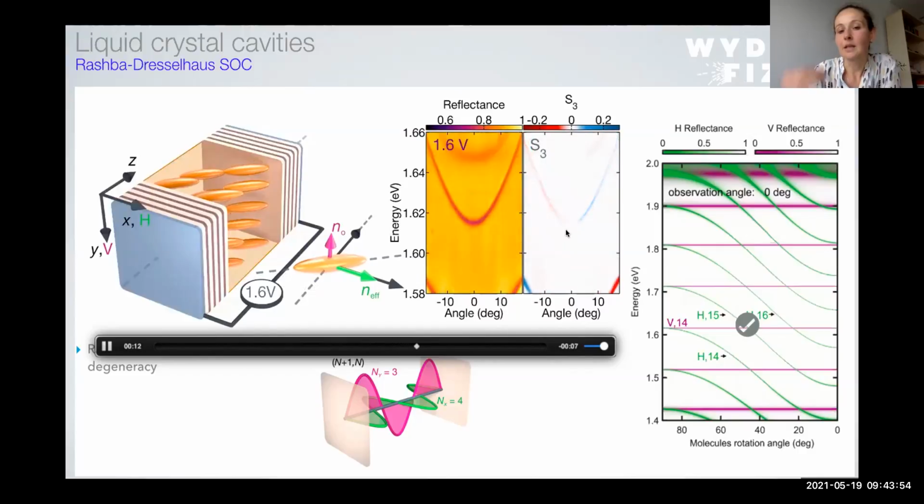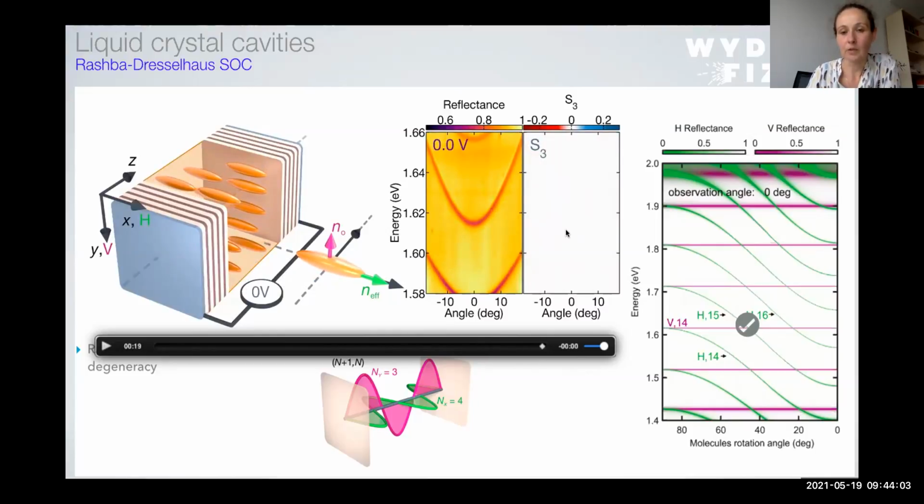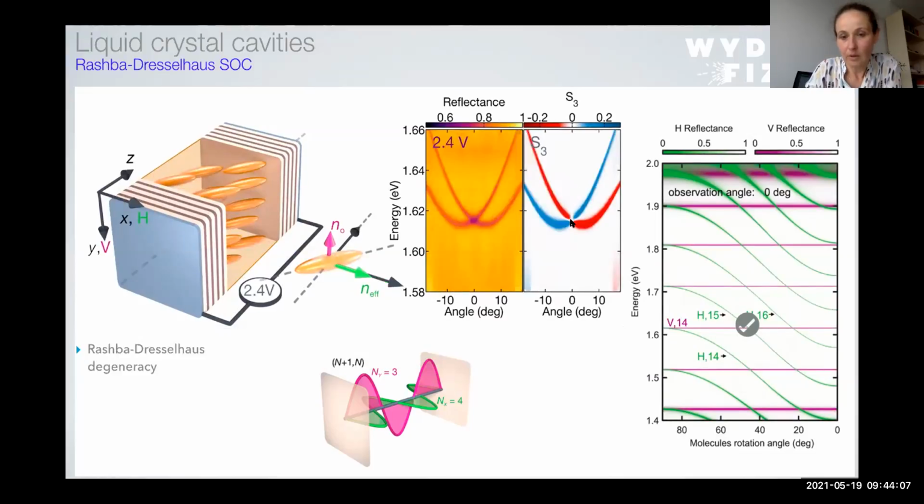When you go far away from this particular resonance, you lose completely this S3 component of the polarization of the mode. So just have one more look. This mode will be sigma plus polarized, this will be sigma minus polarized.